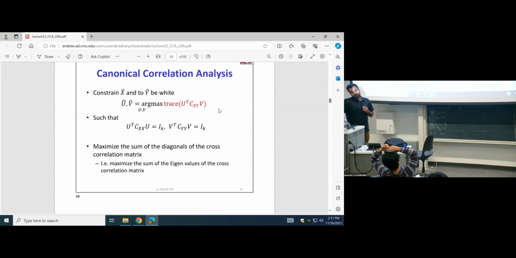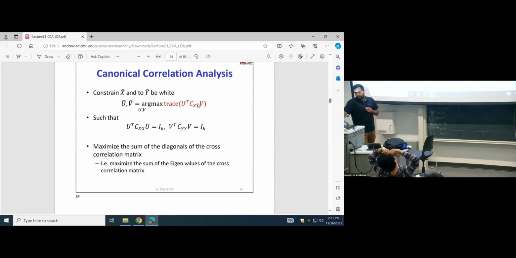So this works out, right? Because a trace is a sum of variables, so you can do that. It's not like you're considering a grid of possibilities. If we maximize the sum of the diagonals of the cross correlation matrix, then we maximize the sum of the eigenvalues of the cross correlation matrix.